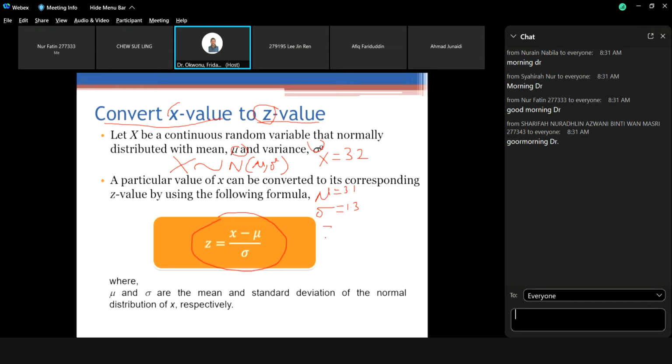So here your Z score will be 3.2 minus 3.1 all over 1.3.